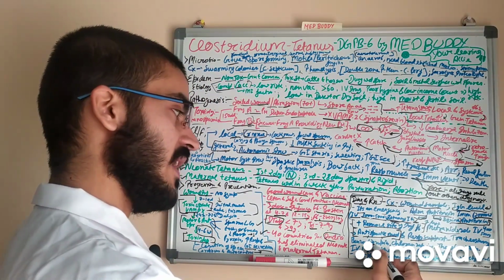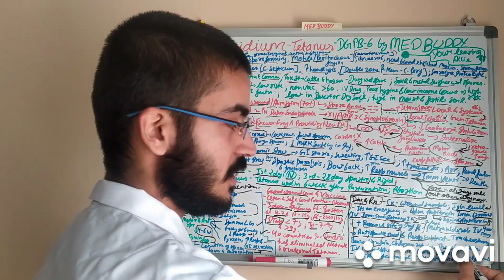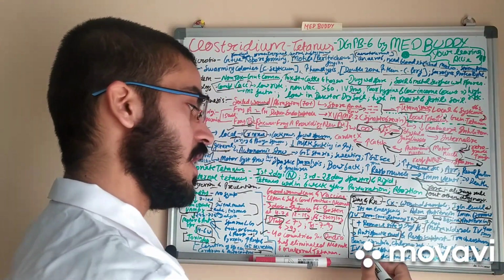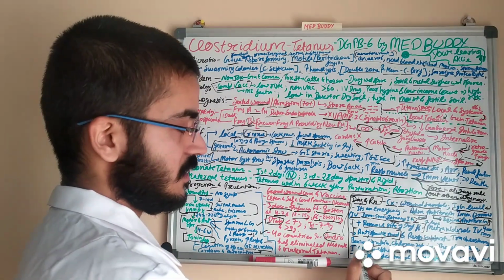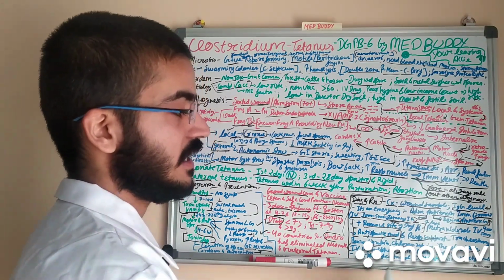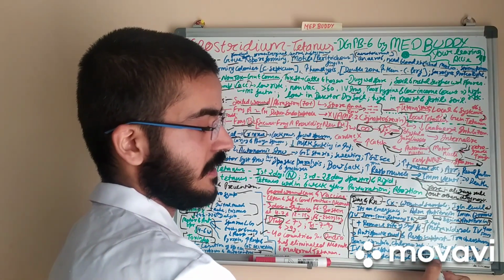They are benzodiazepines, chlorpromazine, thiobarbiturates, and IV magnesium sulfate. The special thing about IV magnesium sulfate is that it is titrated based on the patellar reflex.